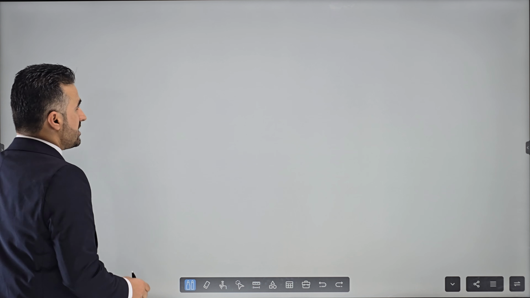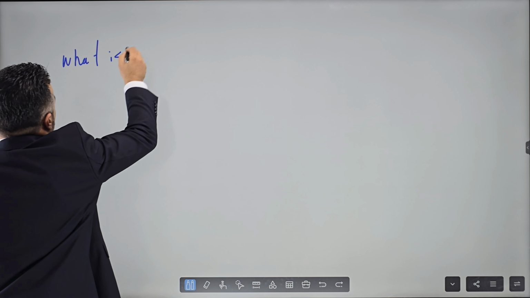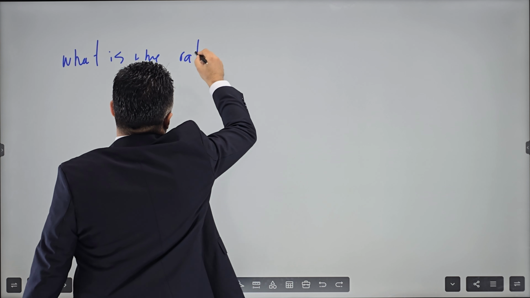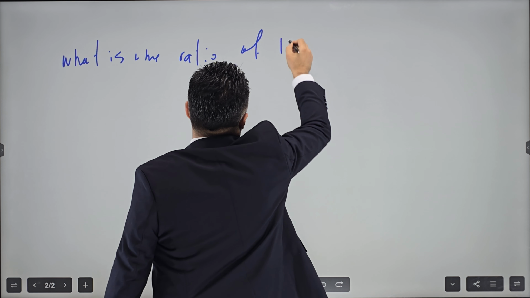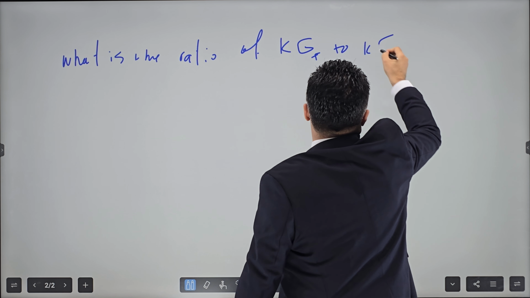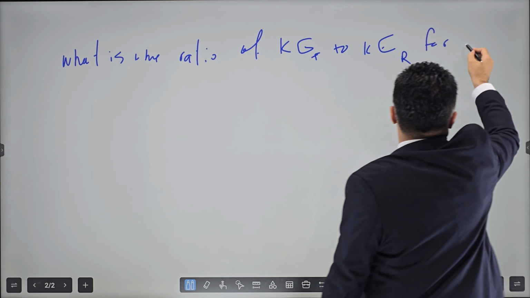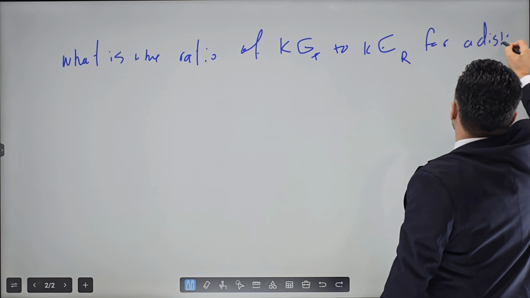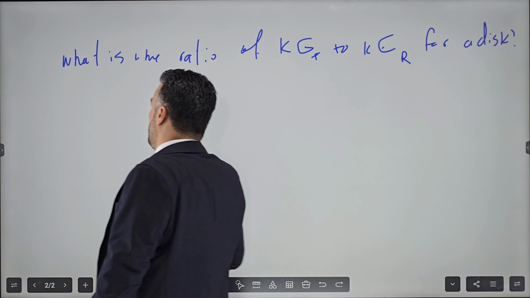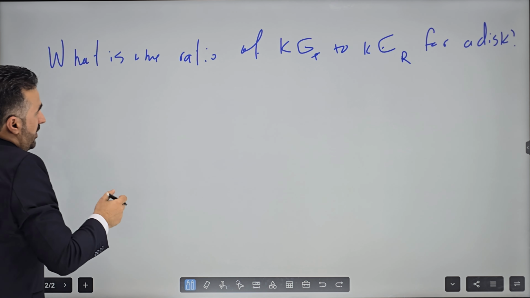What if the question says, what is the ratio of kinetic energy of translation, let's say, to, instead of the total, kinetic energy of rotation for a disk. Of course you'll be given some options here, but this is how you're supposed to do that.